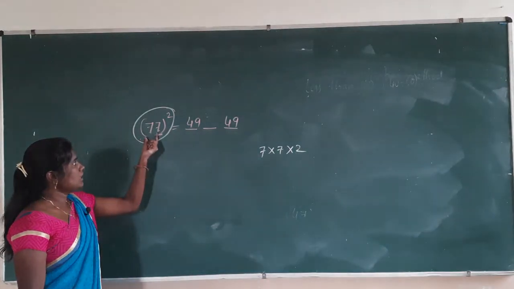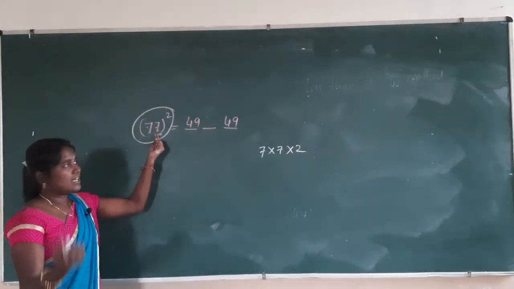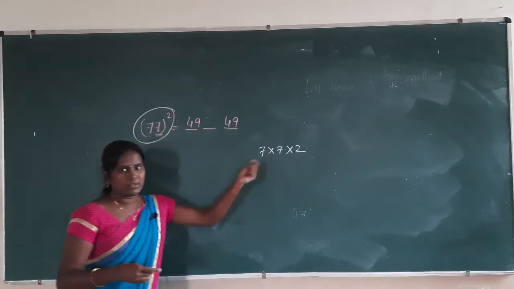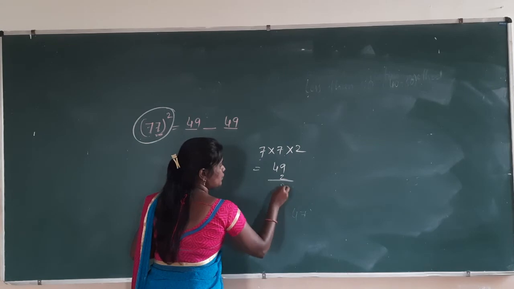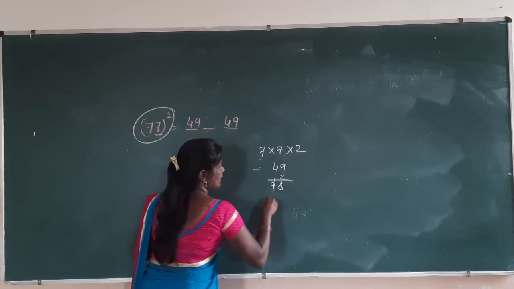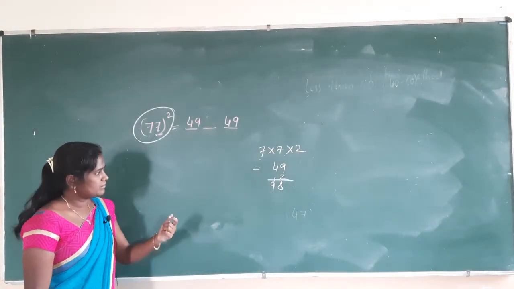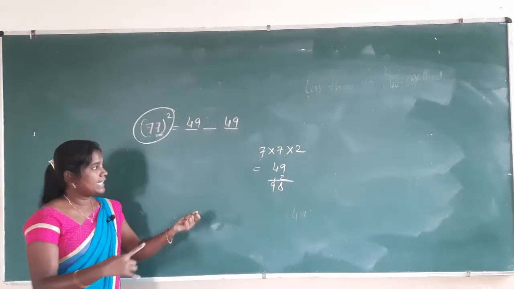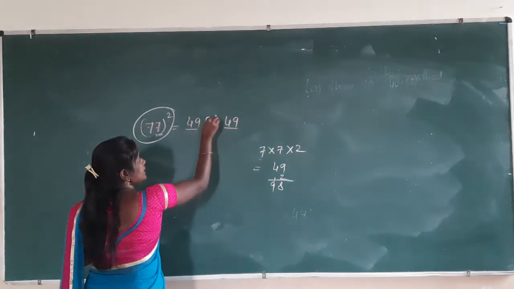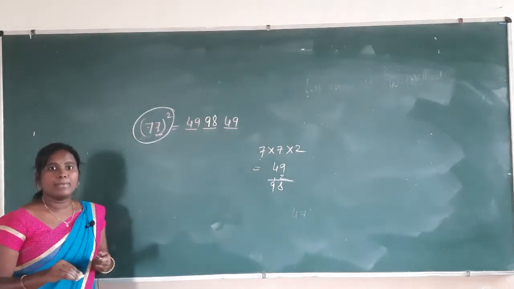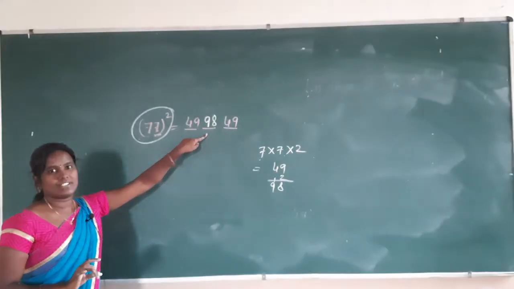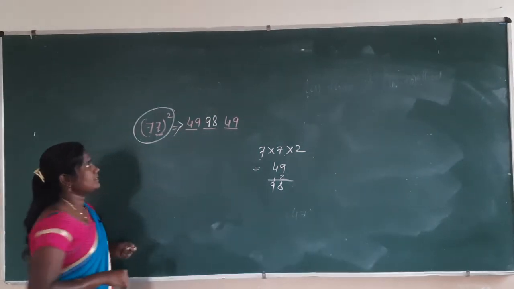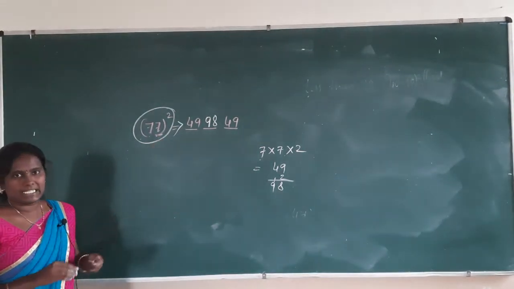The digits in the given number, we have to multiply them and then multiply by 2. Yes, 7 7s are 49, 49 into 2 is 98. Okay, 98, write that 98 here. But this is not the answer, there is one more step for this. Otherwise don't write this equal sign, make it as implies.